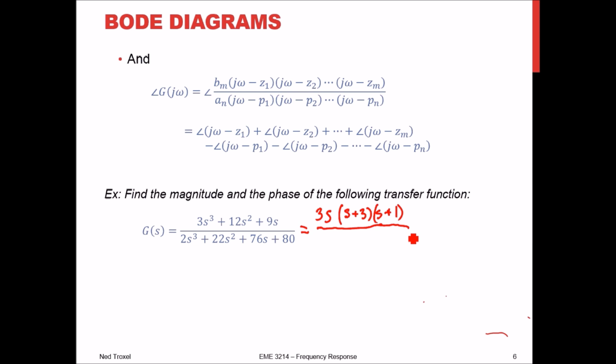How would I do that for a more difficult one that wouldn't be so easy to factor? Well, for a more difficult one, I would recommend using MATLAB to find the roots of the numerator and the denominator. On the bottom, I'm going to pull out a number 2, and we could also factor this into s plus 5 times s plus 4 times s plus 2.